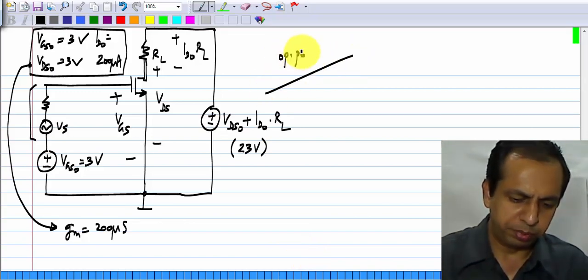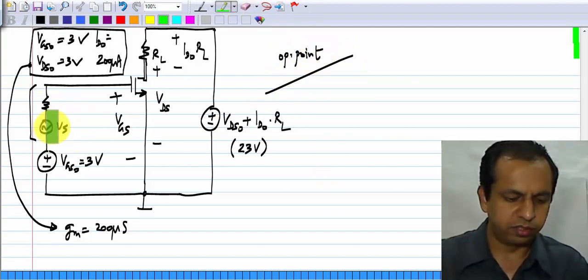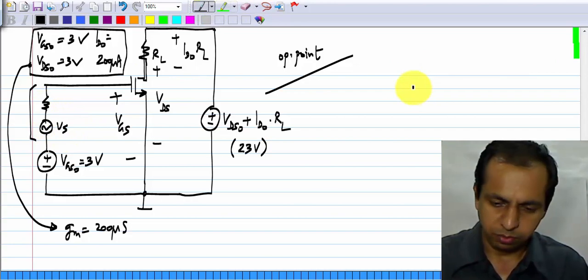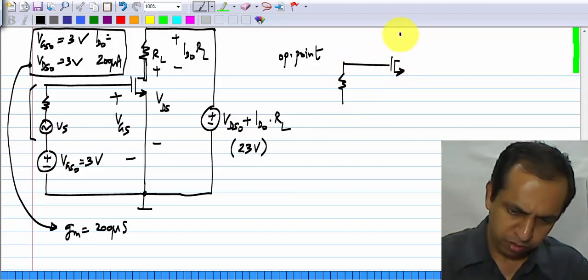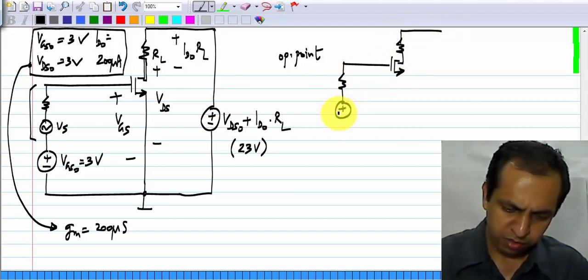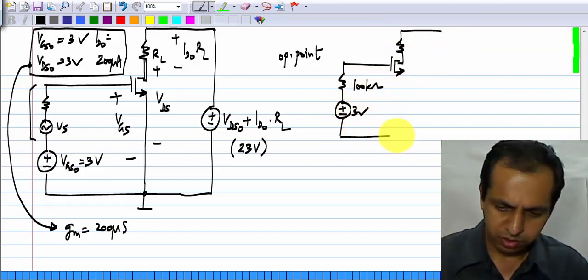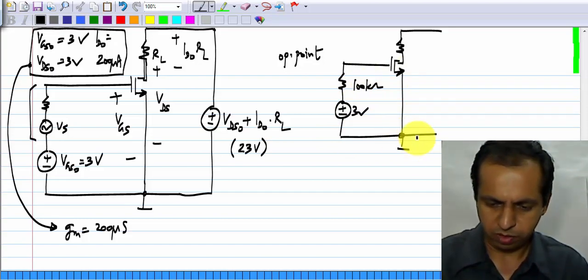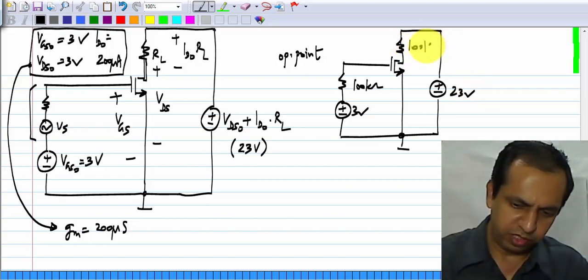Okay. Now, we know that the operating point picture of this, in which we simply set Vs to 0, will be: we have 3 volts, Rs of 100 kilo ohms, and 23 volts, RL of 100 kilo ohms.